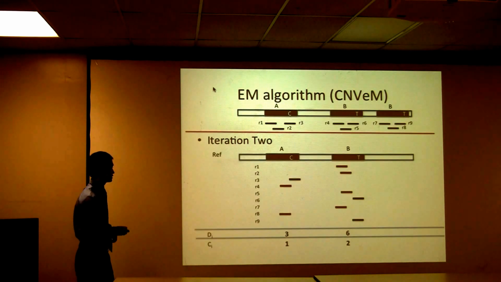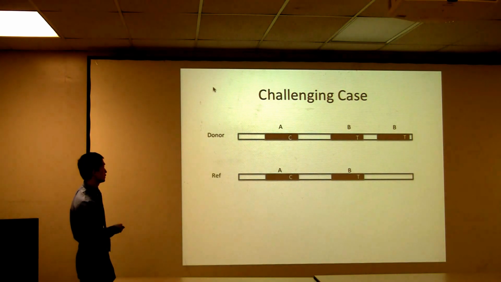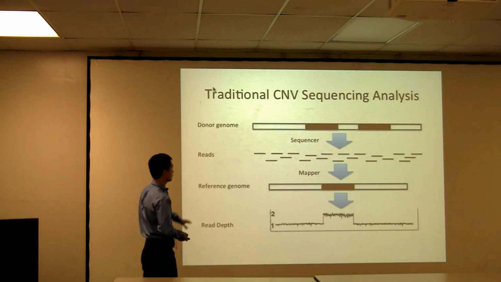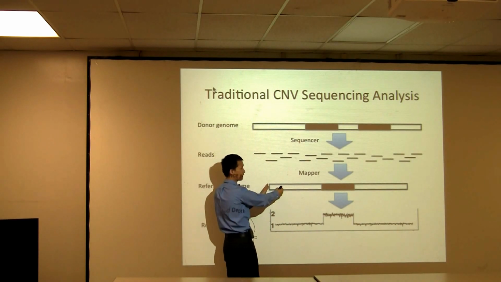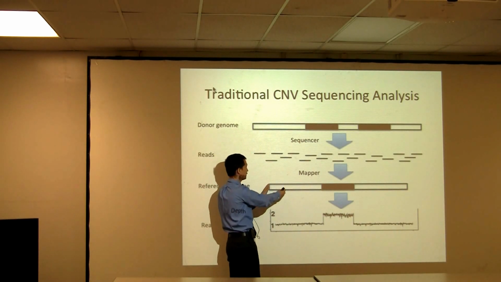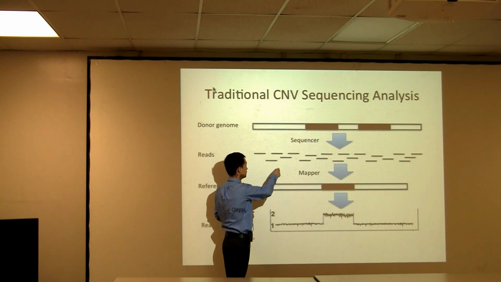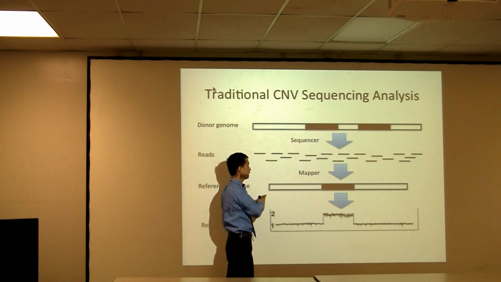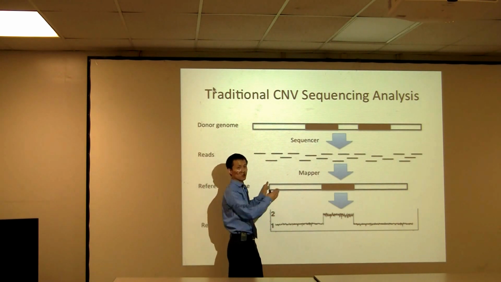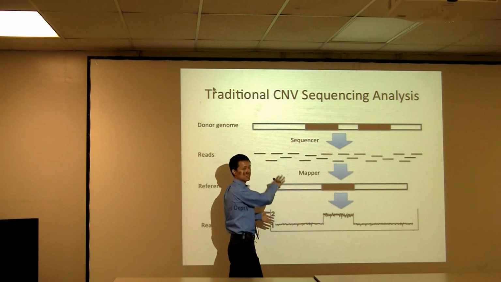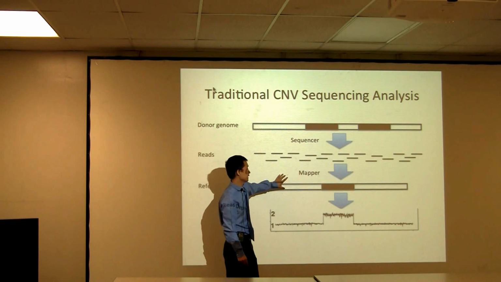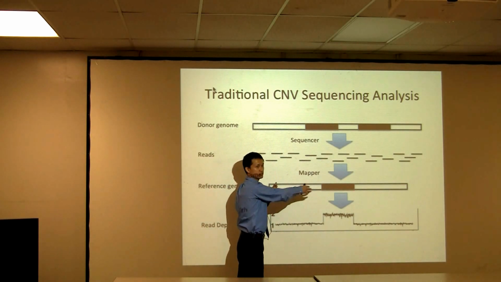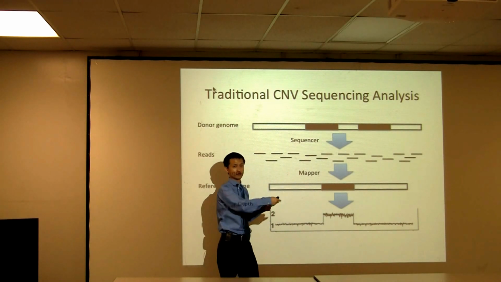Roughly, the idea is similar to the traditional approach, but they split the reference genome into bins, for example 1,000 kilobases, and compute how many reads are mapped to each bin. Then, if a bin's read depth is higher than the others, they call it a copy number variation, and they connect adjacent bins if they all have this CNV status.